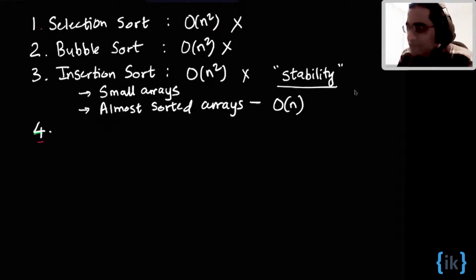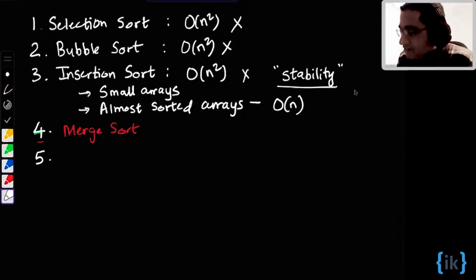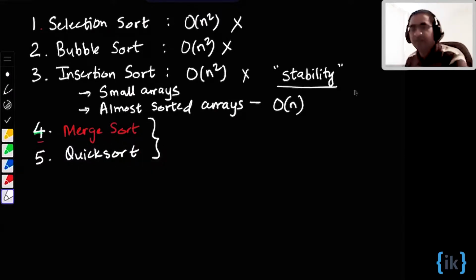So we've done those 3 inefficient algorithms, and then what are the efficient ones? We had merge sort, as someone mentioned, and quicksort, which is also a divide and conquer algorithm. Both of these are divide and conquer. What's the time complexity?